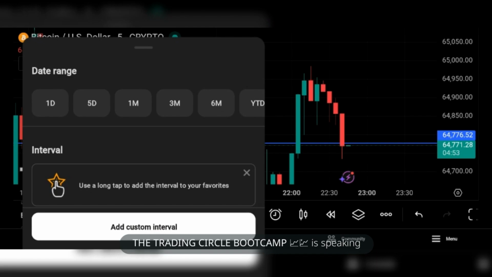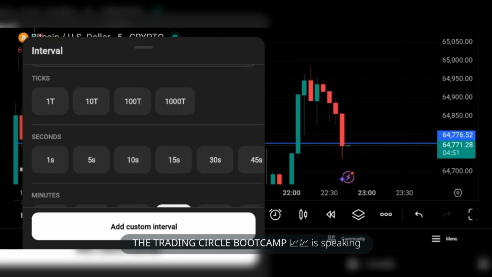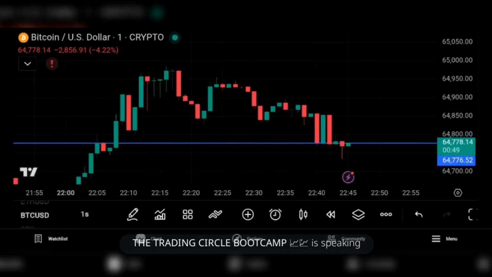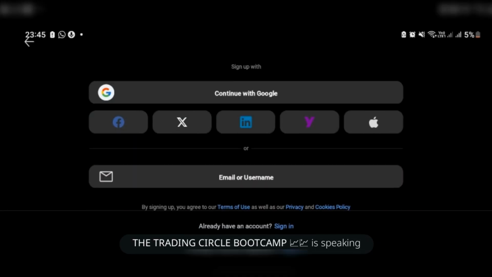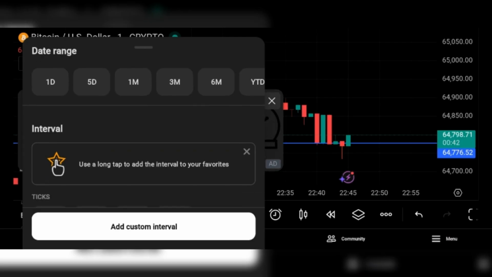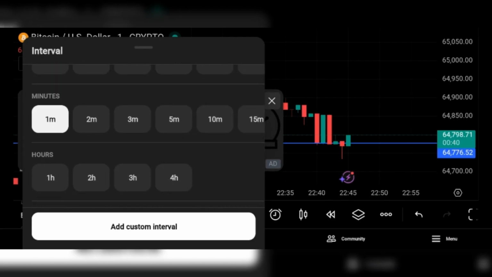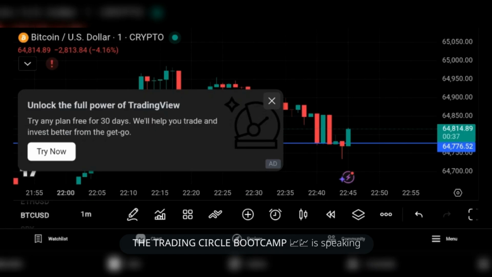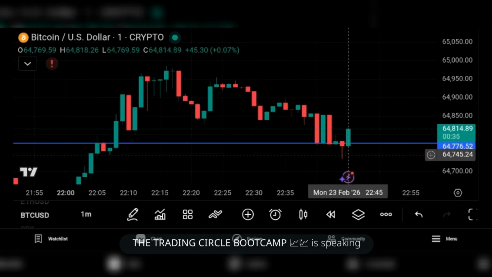So when we go back to our 1 minute, let's go back to 1 minute. I want you guys to really see what is happening. So when we go back to 1 minute, now this is the starting point of the new 5 minutes candle that started.